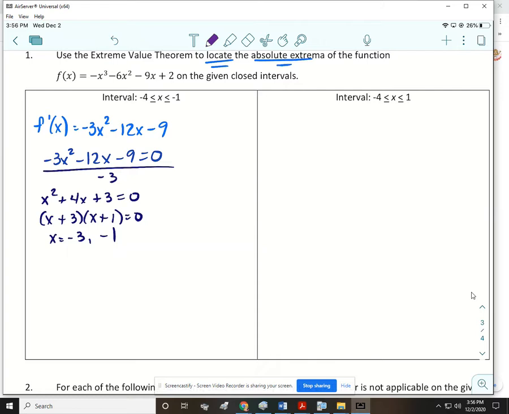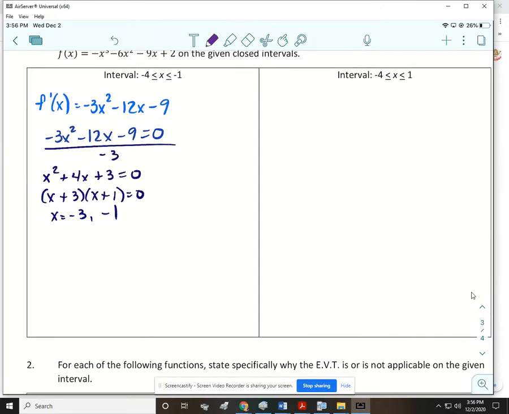All right, so what we're going to do is list our candidates. We're going to hold an election for maximum and minimum. And we're going to list our candidates that could possibly win. And so those candidates are going to occur at the endpoints.